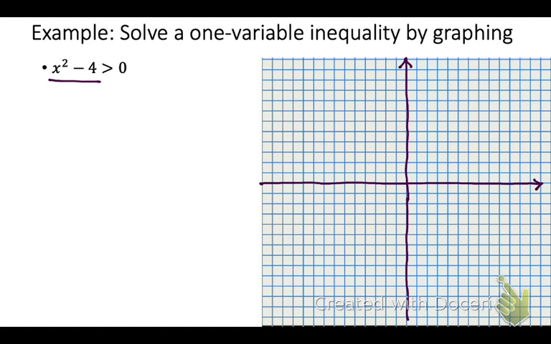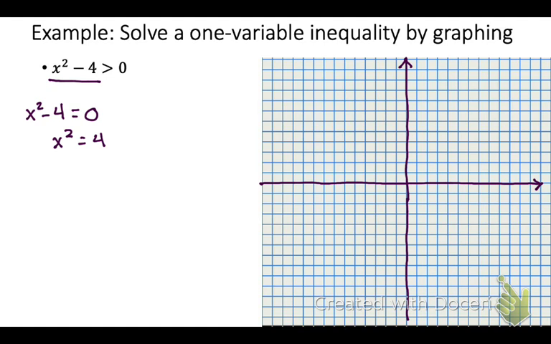So we need to set this, which is just x squared minus 4, equal to 0. Now I'm going to add 4 to both sides, because there's nothing to factor, is there? No. So this is exactly like number 1 on your worksheet.